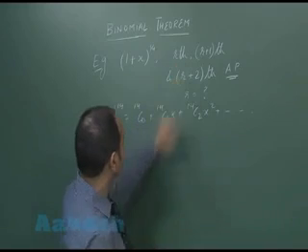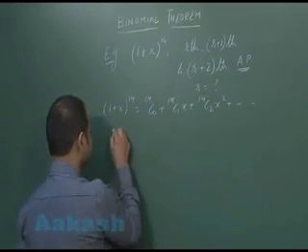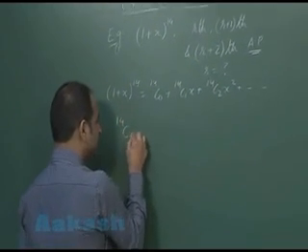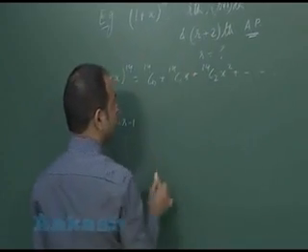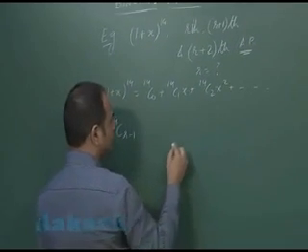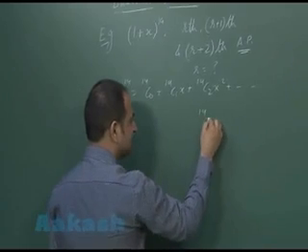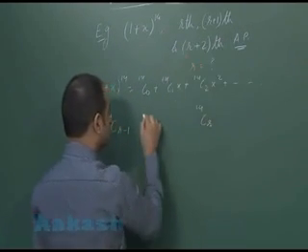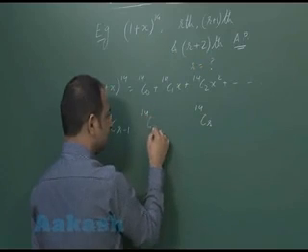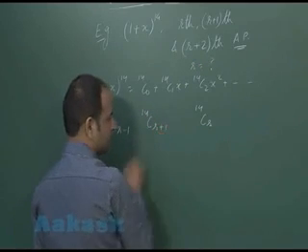So for the rth term the coefficient will be 14C(r minus 1). And for r plus 1th term you will be getting 14Cr. And again for r plus 2th term you will be getting 14C(r plus 1).